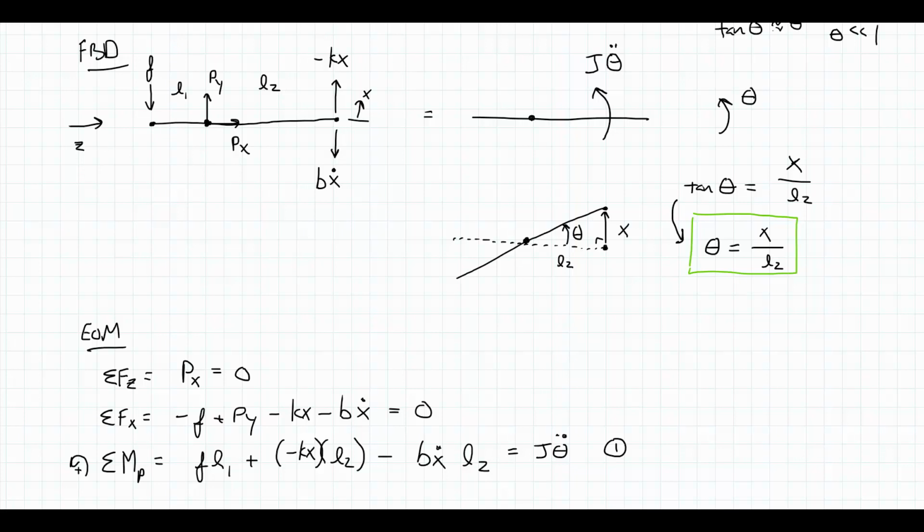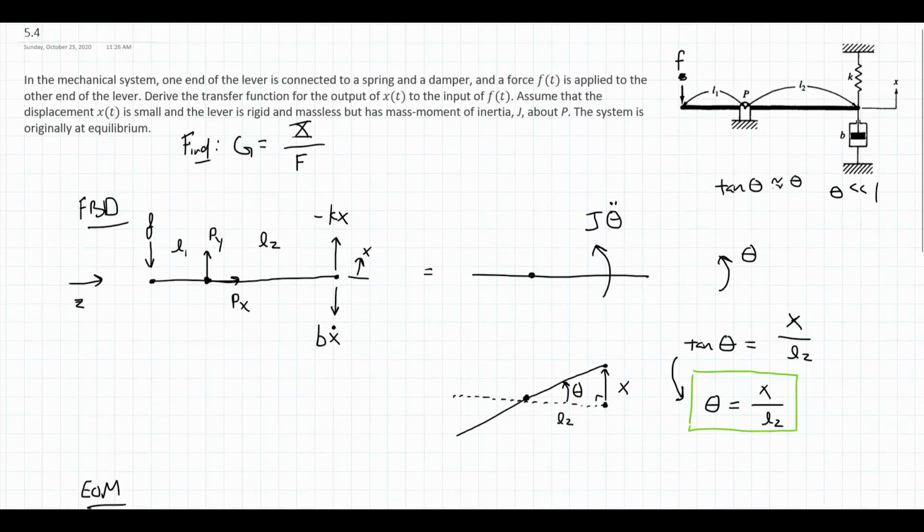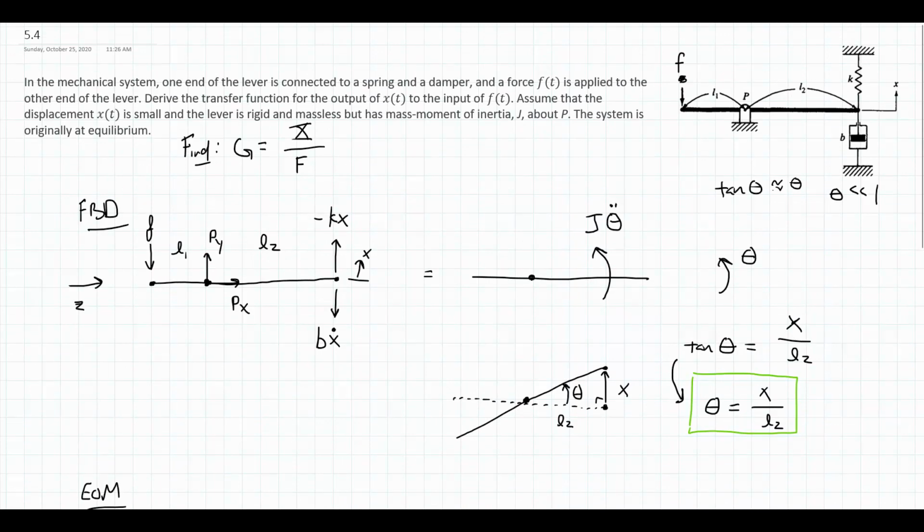Now, I could count outputs x and theta, but as I showed above, x and theta are not independent degrees of freedom. In the other multi-degree of freedom systems, they were independent. What I need to do is express it in terms of one or the other. I'm going to express in terms of x because in the find, I want x over f.